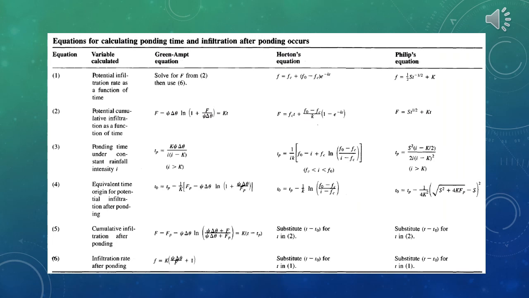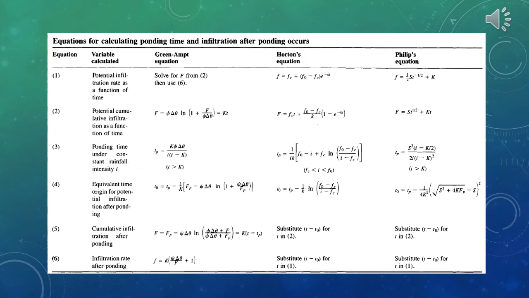Before we end this week's class, I will just give you guys a quick review. There are equations for calculating ponding time and infiltration after ponding occurs. We have 3 different equations: Green-Ampt equation, Horton's equation, and Phillips equation.